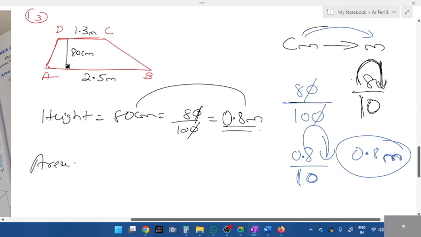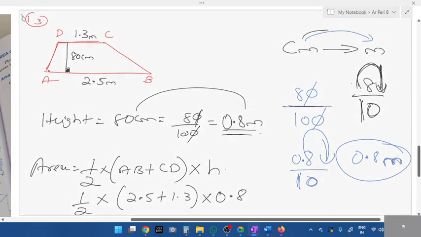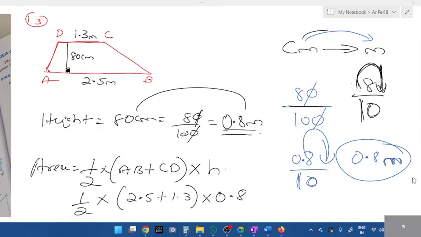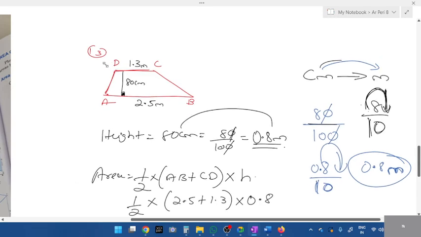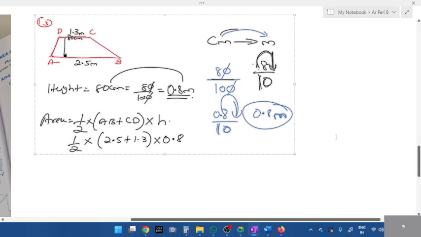Now, what is the area formula, students? Half into, what is the sum of the parallel lines here? AB plus CD into H. H stands for height. So, 2.5 plus 1.3 into 0.8. Don't take it as 80, it is 0.8. The most important part is units.